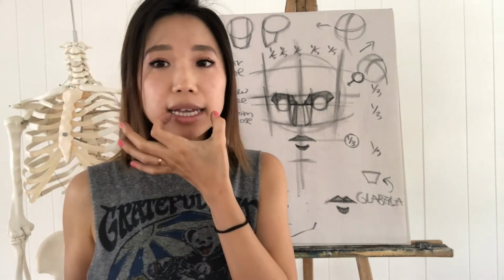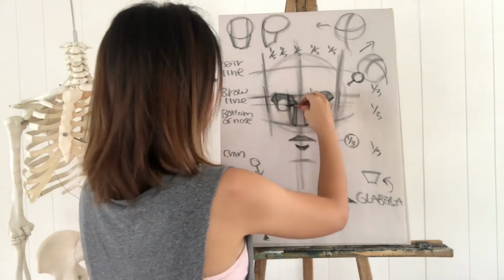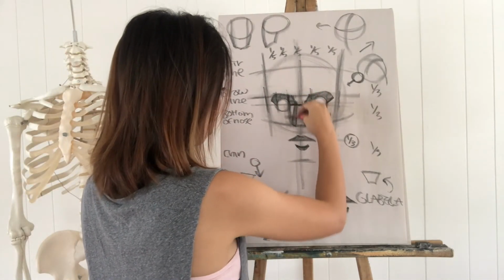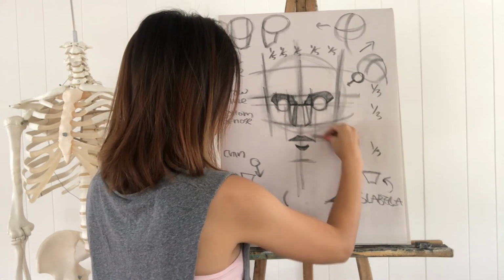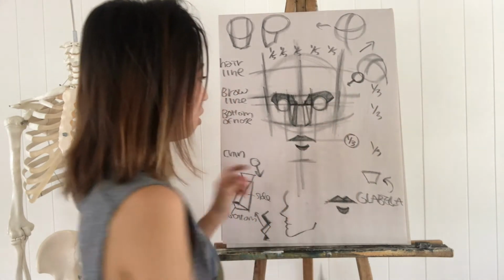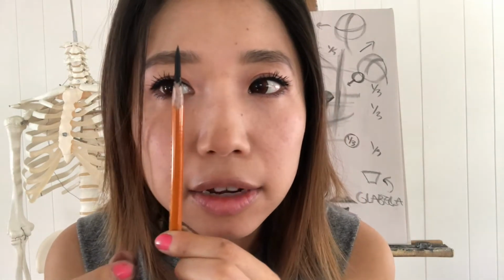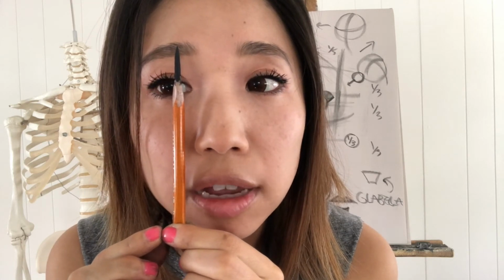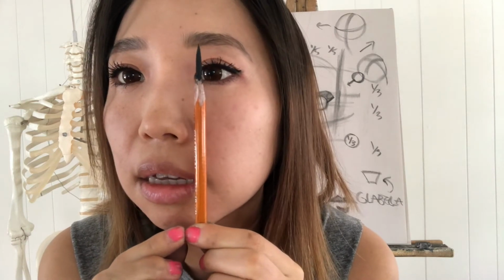And for the size of this entire lip, you can just draw another line from the eyeball right here. So this is actually the inner line of the iris, and then you can just draw the straight line, and that's gonna be the corner of the lip, kind of like that.